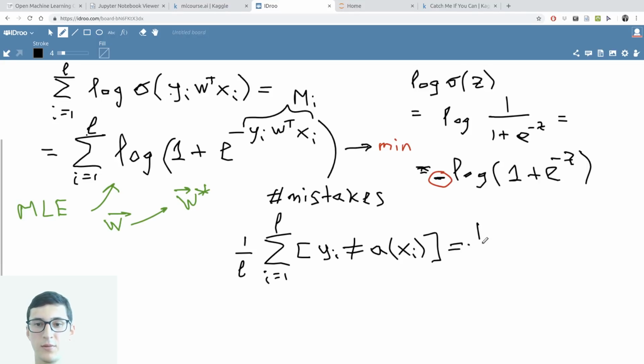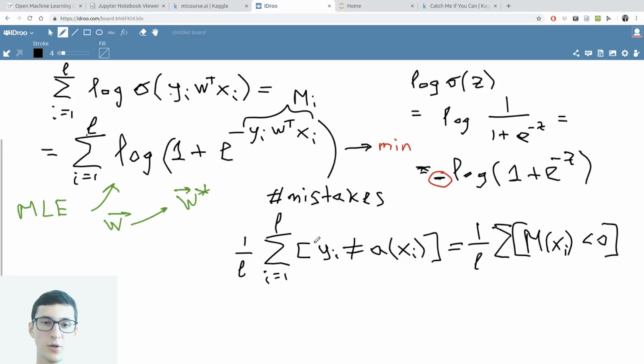And actually for a linear classifier, it's pretty much the same as the number of cases where margin for an object xi is negative. And here square brackets is just an indicator, so it's 1 if this condition holds and 0 otherwise. Okay, so if margin is negative, then we've made a mistake, and so this expression will be called 0-1 loss. It's actually just a fraction of mistakes that our algorithm made on a training set.